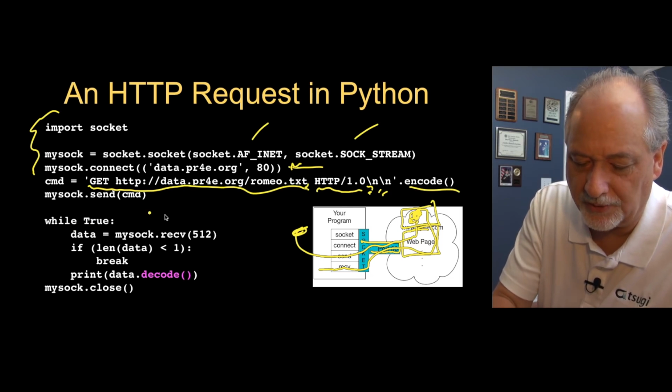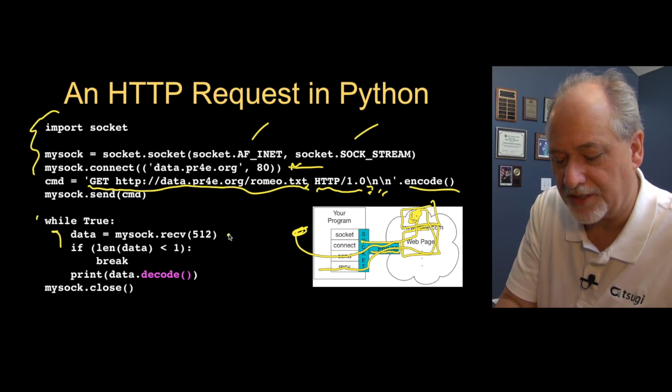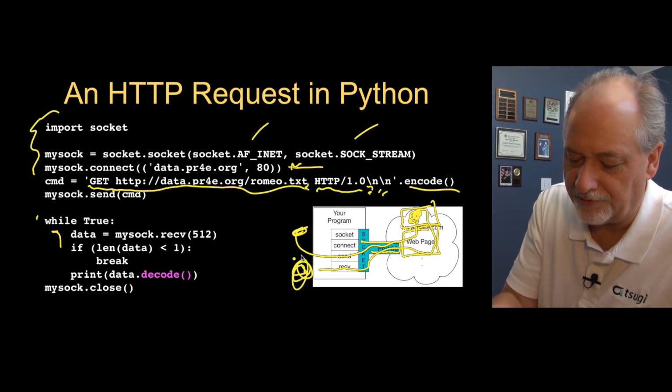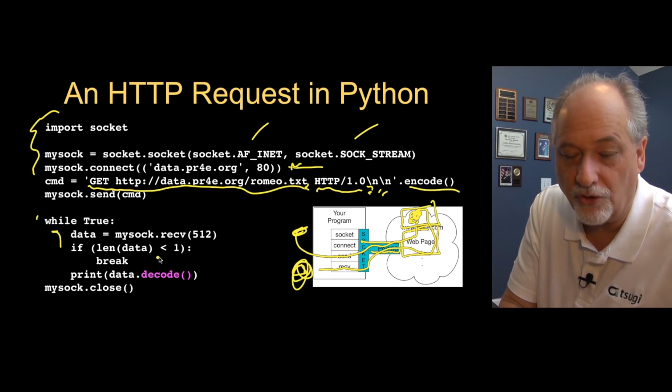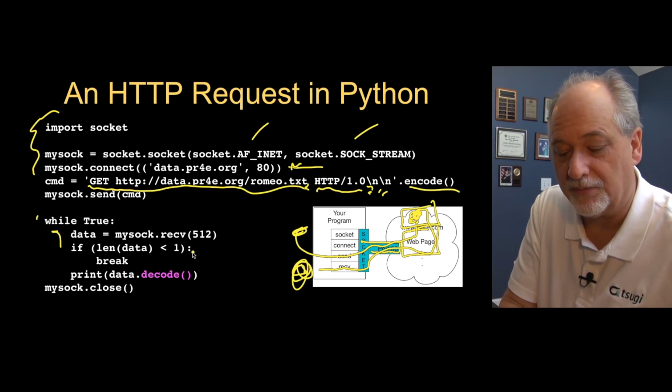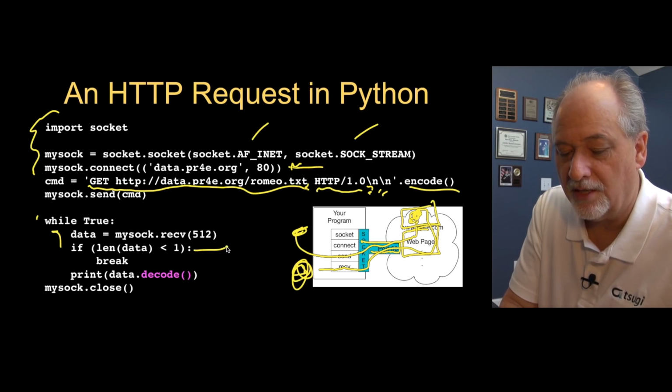So now I write a real simple loop. We're going to receive these things 512 characters at a time. So we're going to loop through, receiving 512 each time. And if we get 0 characters, that means it's the end of the stream. The stream is closed. And if you look at the little example from the previous one, you saw connection closed. When the connection is closed, we get an indication that it is because we ask for some data and we get 0 data.